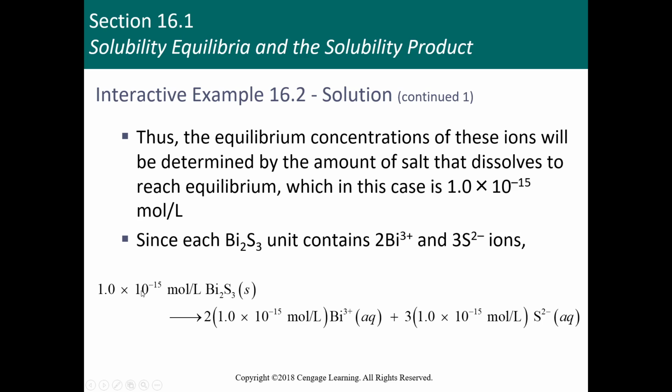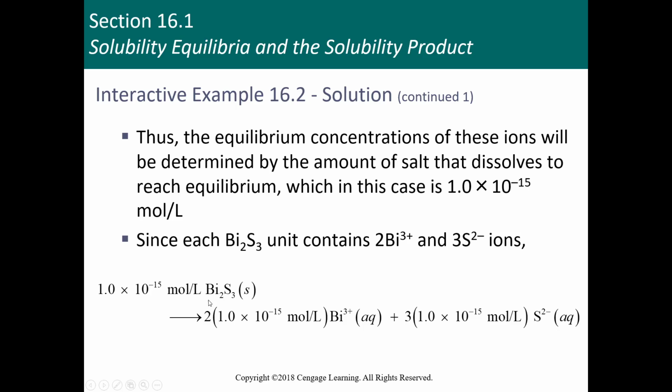So you have 10 to the negative 15 molarity of this salt, right? You should be able to tell that this is chapter 3 of general chemistry, that 10 to the negative 15 molarity should give you twice that number of Bi ions at equilibrium.